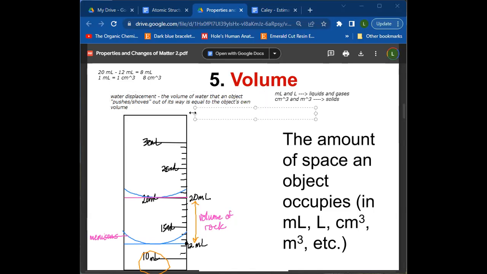So because the rock pushed 8 milliliters of water out of the way, the volume of the rock is 8 centimeters cubed. Since it pushed 8 milliliters, it's equal to that same volume.